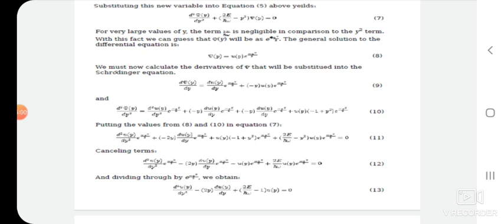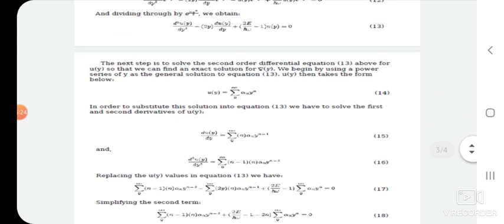If we divide both the left hand side and right hand side by it, then equation 12 becomes dou square u of y by dou y square minus 2y dou u of y by dou y plus 2E by h cross omega minus 1, u of y, is equal to 0. This is equation number 13.